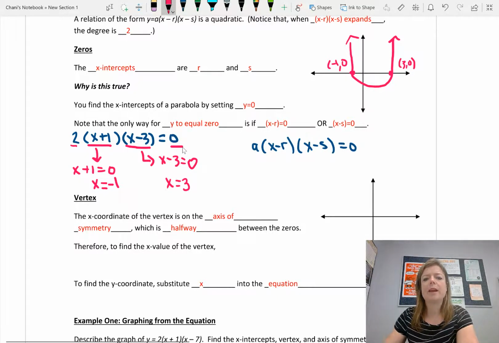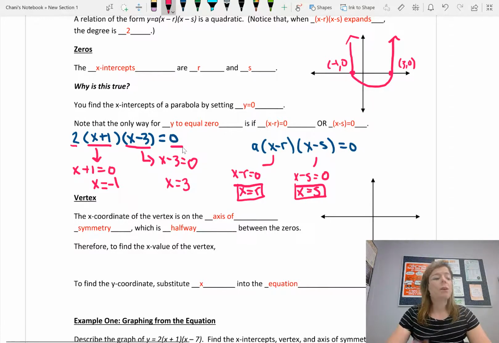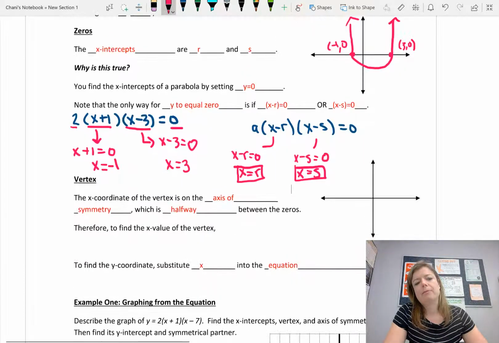Again, the only way for the product to be 0 is if x minus r is equal to 0, in which case x is equal to r, or for x minus s to be equal to 0, in which case x is equal to s. So that is how we figure out the x-intercepts from a factored form.